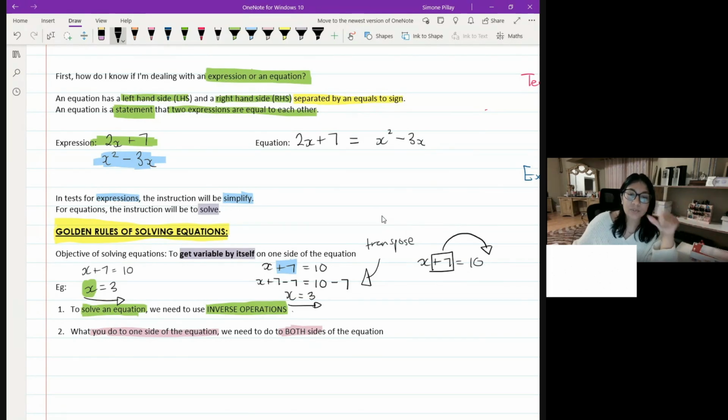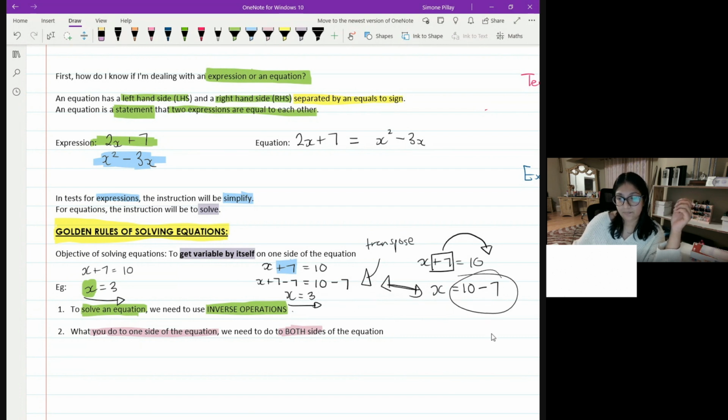But when you take something to the other side of your equation, it changes sign. So it now becomes 10, and instead of +7, it is -7. And what you'll see is you get the exact same thing. Because here we had x +7 -7, which really is the same thing as just x equals 10 -7.